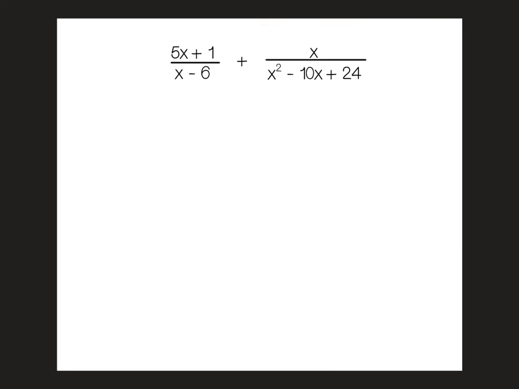In the last example, again, I can factor one of my denominators, so I'm going to start by doing that. I'm looking for factors of 24 that add to be -10. And those two factors would be -6 and -4.